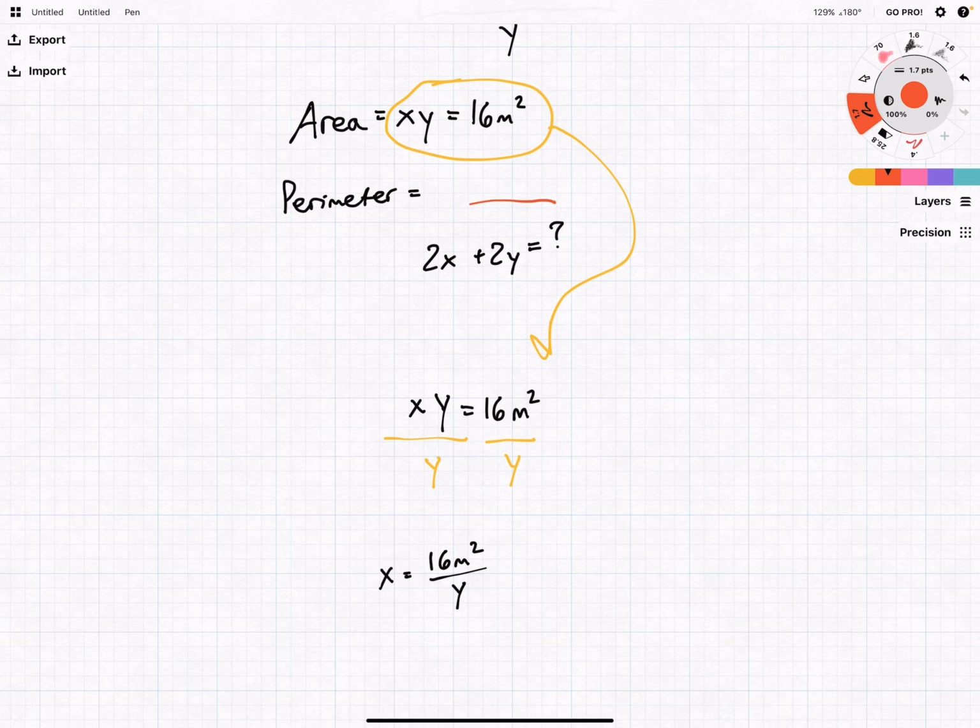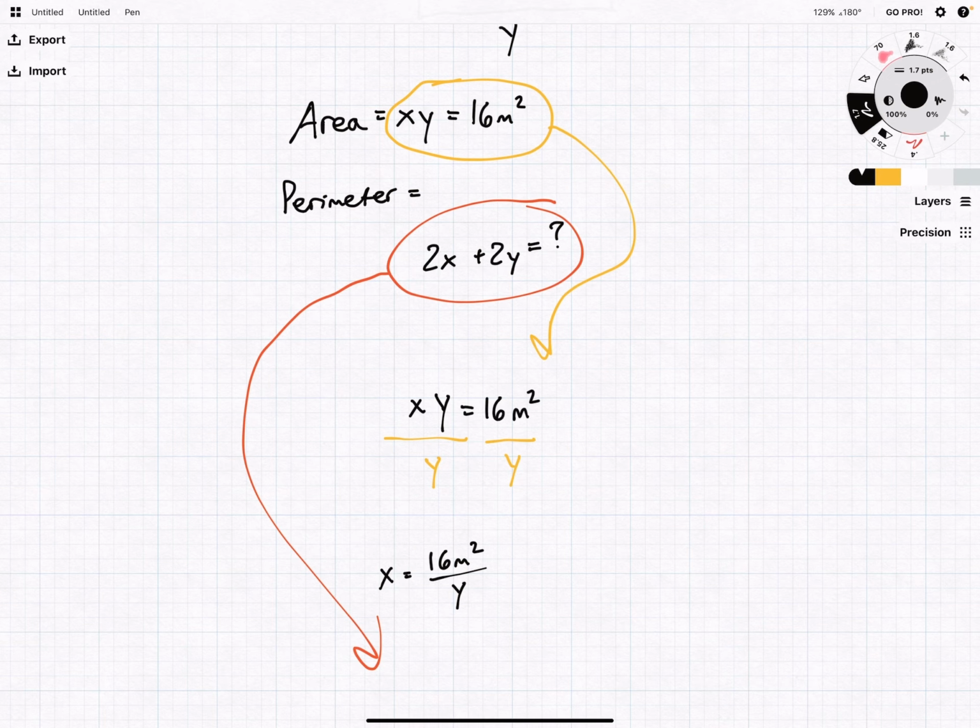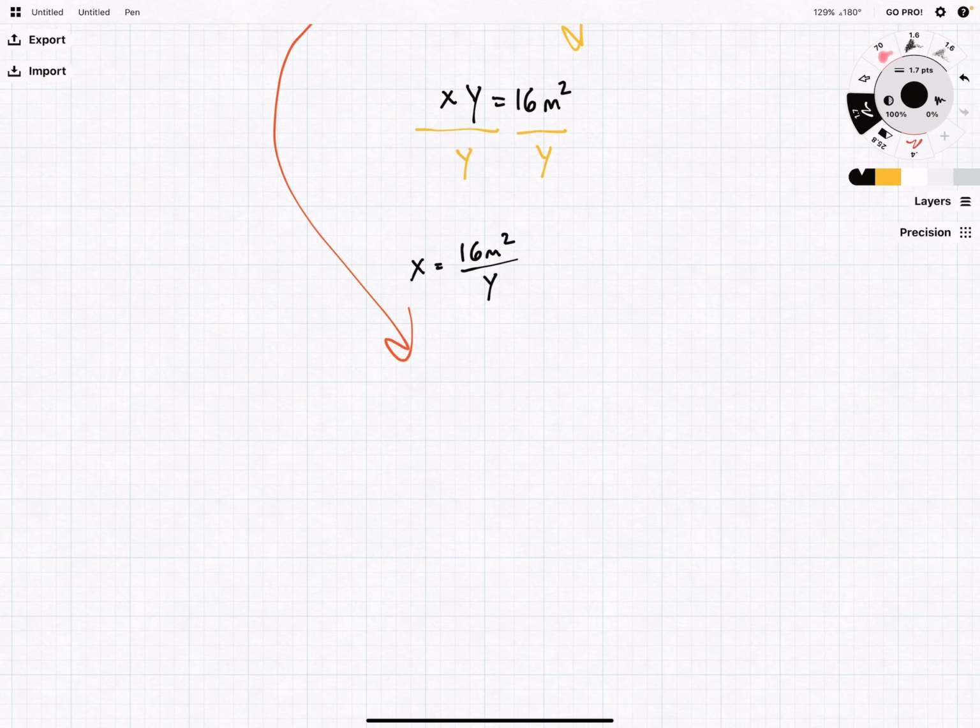Now let's take our perimeter equation, bring that down and rewrite it. Here we've got 2x plus 2y, and that's going to be equal to the perimeter.